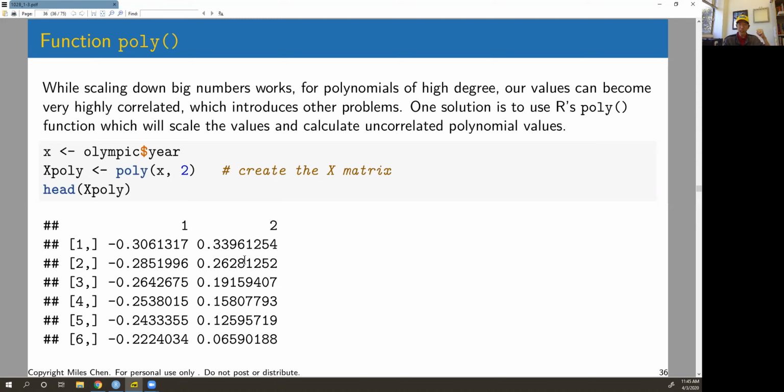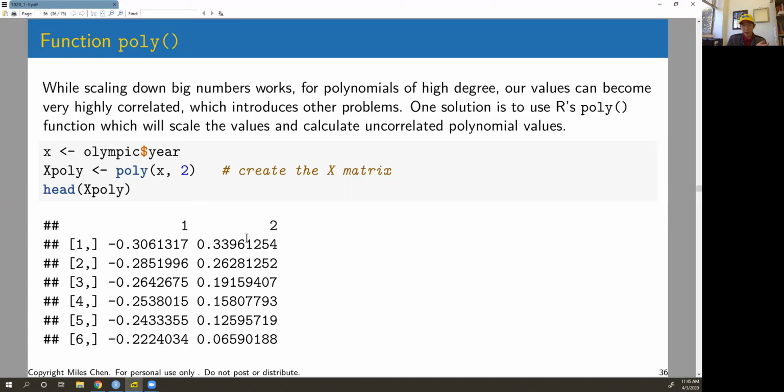Sure, it will change the coefficient values, but the predicted values will remain the same and the correlation will remain the same, okay? And so R will do this for us, and it will automatically shift and scale things. It will also produce polynomial terms that are uncorrelated, which will help your VIF factors and stuff like that. And so R can do this.